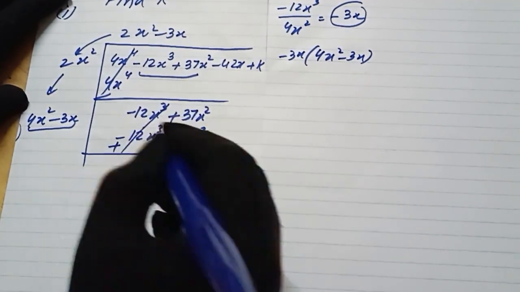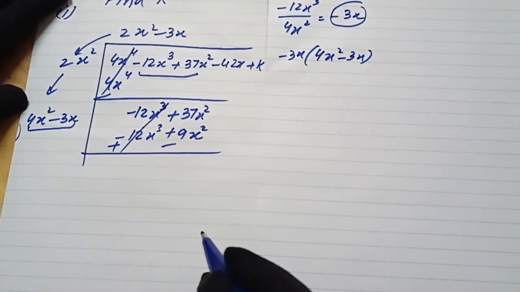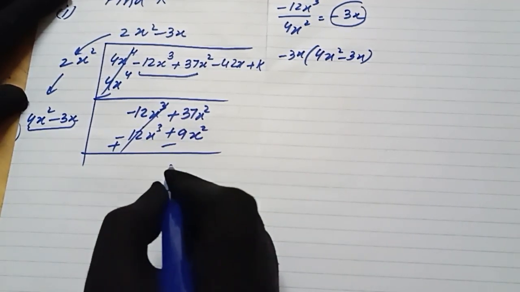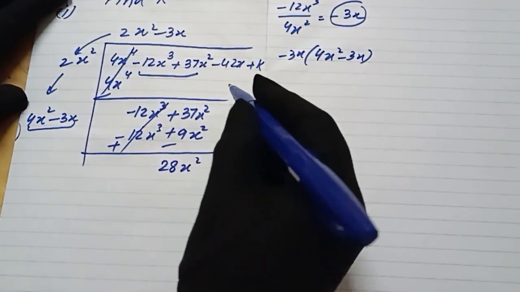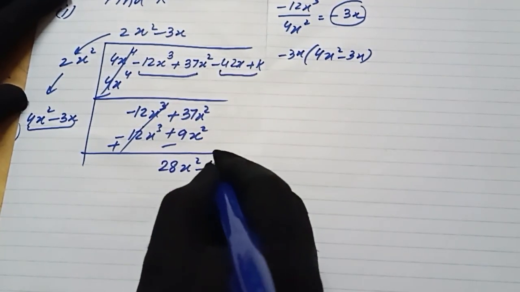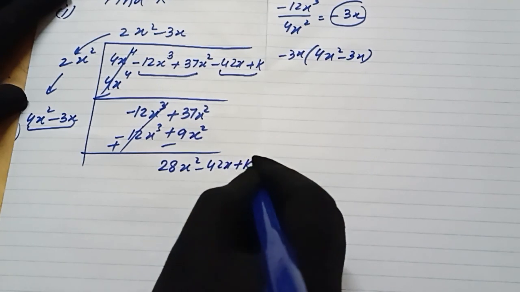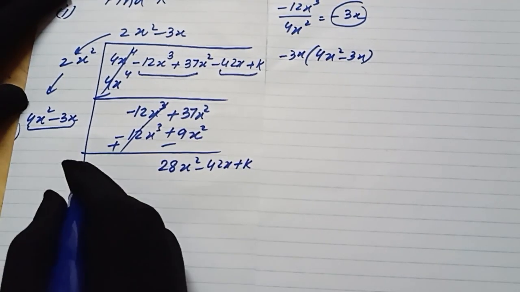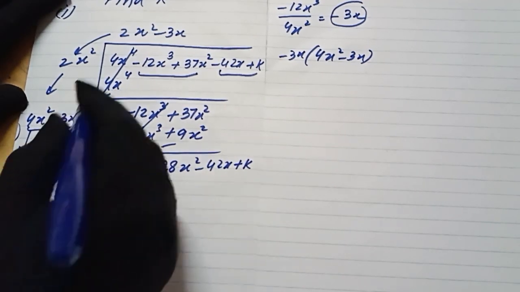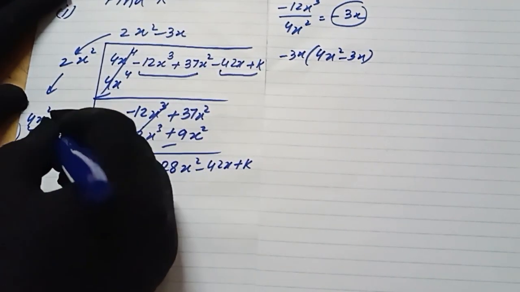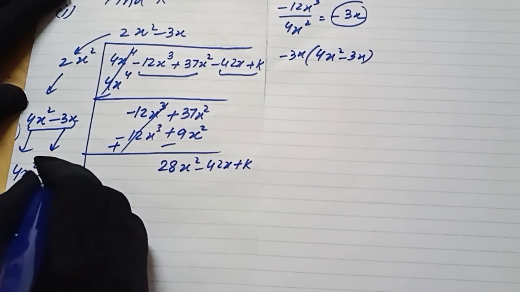Subtract 17 minus 9, 8. Here left 2x square. And then bring the pair down, minus 42x plus k. So first term will be as it is. Now second term and second term you will add to give you minus 6x.